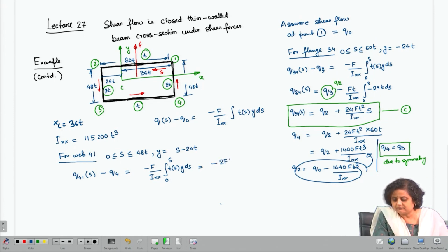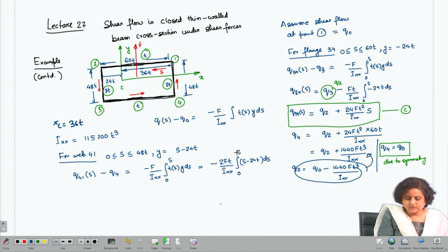So, we will have 2Ft by Ixx into the integral of S minus 24t ds, 0 to S. Now, we know that Q4 is basically Q0.